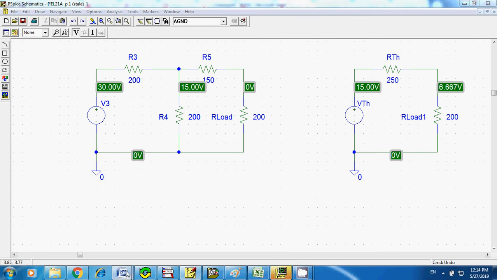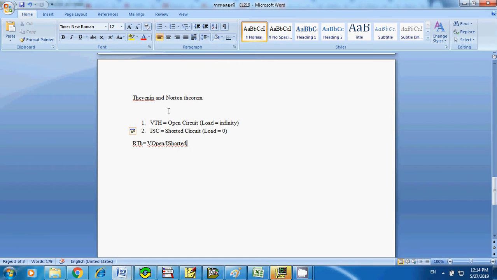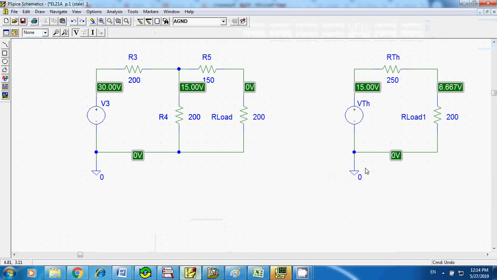Okay, as I mentioned earlier from Thevenin theorem, you can look for RTH equal to V open divided by I short. And I forgot to mention that for the Thevenin theorem, you're going to have one supply voltage in series with RTH and in series with the load.